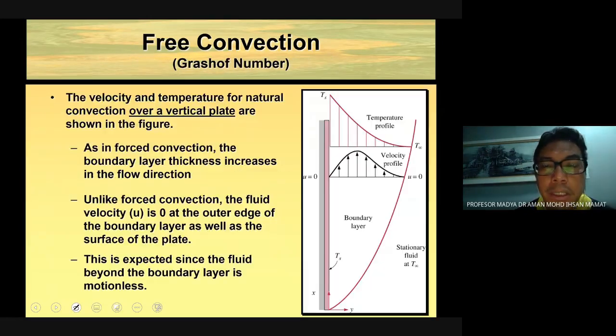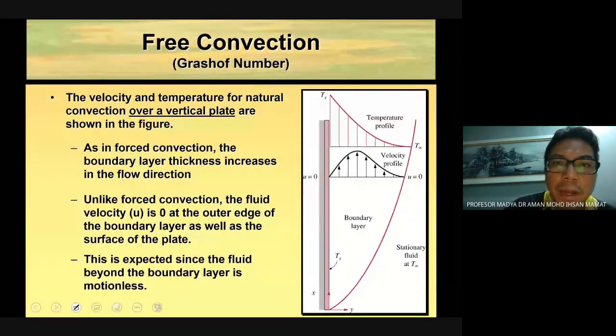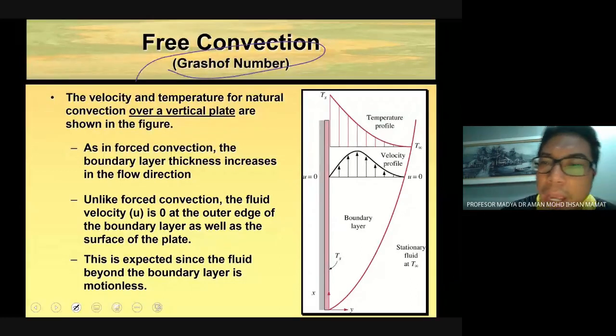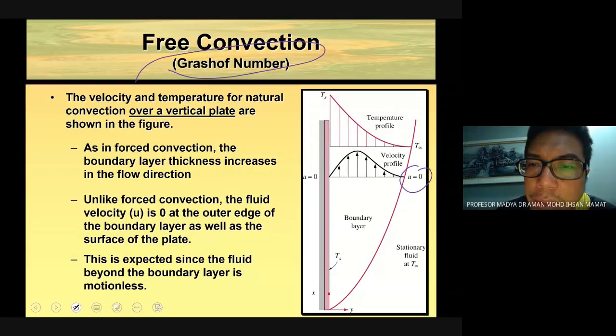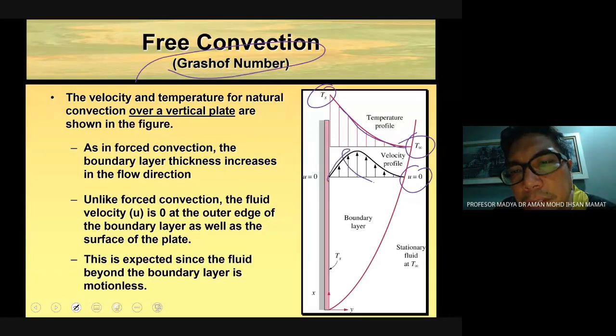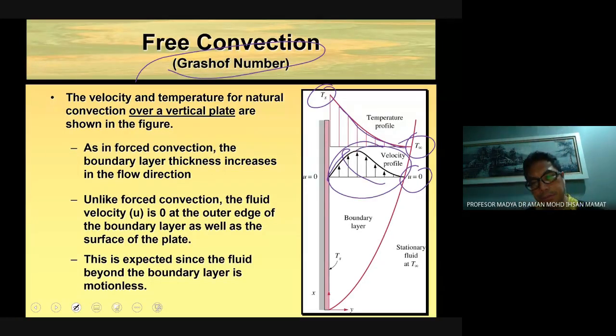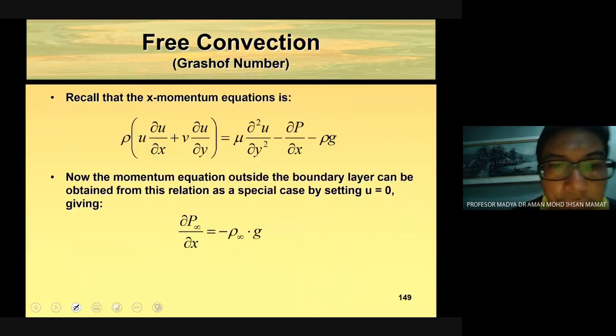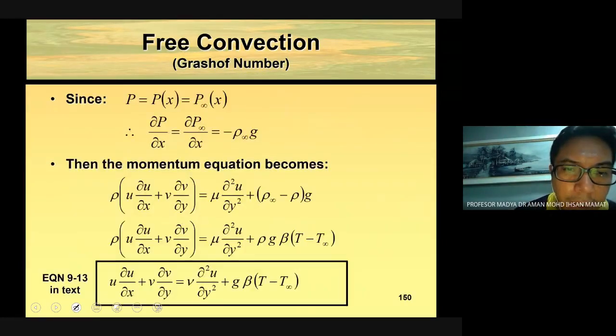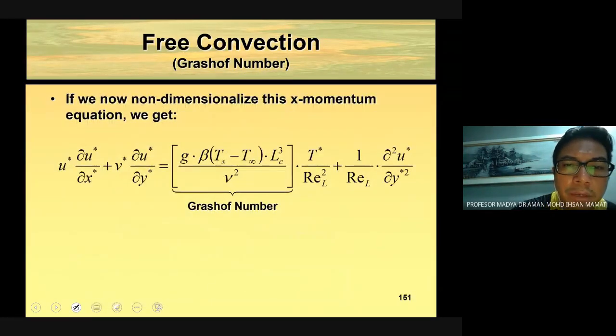Okay, so this is the development of the Grashof number, where as you can see the velocity profile, where U at the free stream condition is equal to 0. And the temperature from the surface temperature until the free stream, you see the profile is given by this profile, and the velocity profile is given by these conditions. Okay. All right, and this one is the development of the Grashof number.